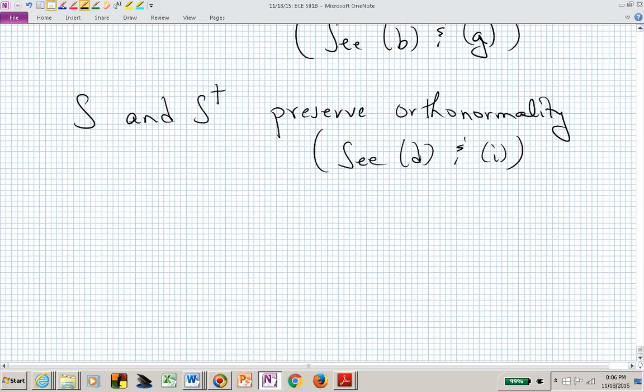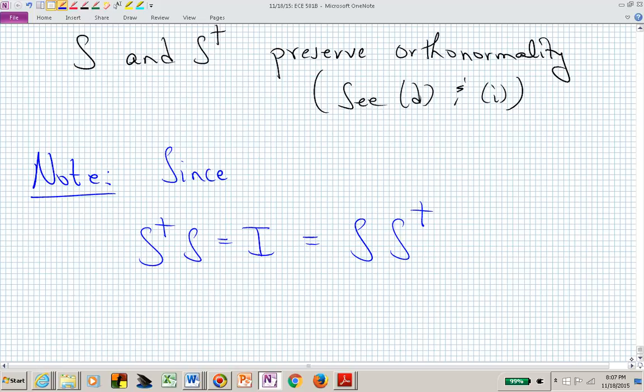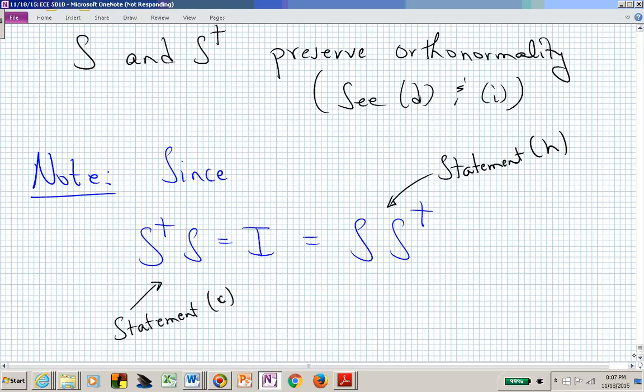And let's just make one more note. Since S dagger S is equal to the identity, that's also equal to S S dagger. This is true from statement C. This is true from its counterpart, which is statement H. Well, if the left is equal to the identity, which is equal to the right, then the left and the right are equal.